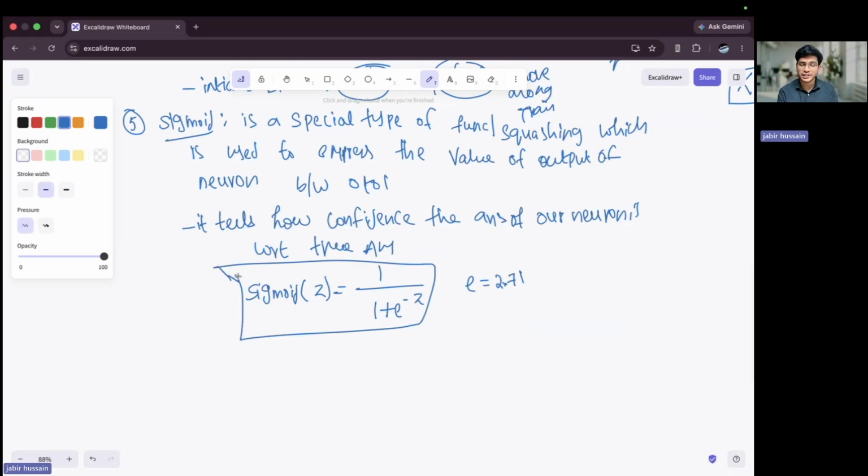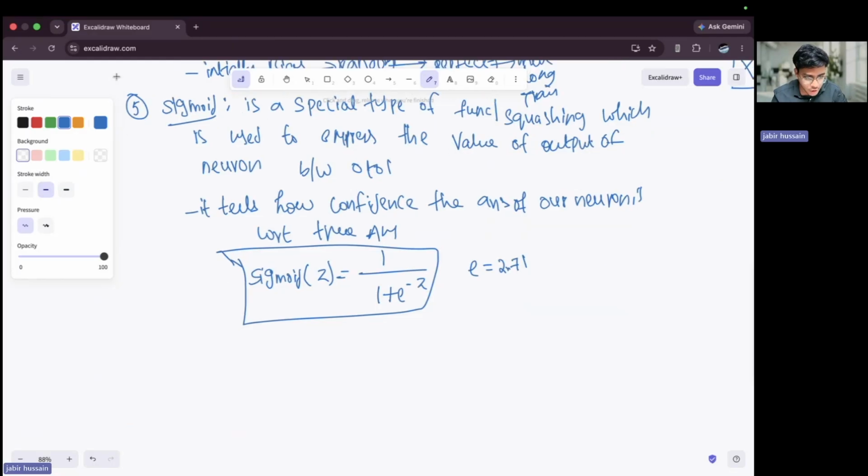And why are we using sigmoid? Sigmoid gives me output between 0 and 1, and it also tells how confident our answer is, how near it is to our answer. If it gives you 1, then your true answer and your output are the same. If it gives you 0, then there is a vast difference; they are in opposite directions.